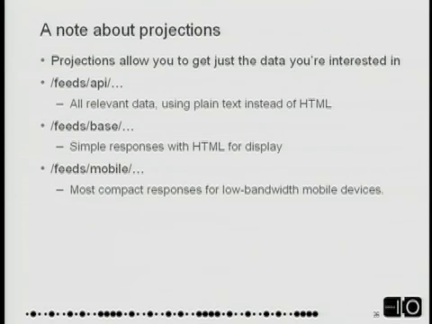The base projection is basically the same set of responses, but information is formatted as HTML. So this is useful if you are building perhaps a feed reader and you don't want to actually regenerate HTML for each entry. You can use the HTML descriptions that we have. And then finally, we have a mobile projection that's customized for mobile devices. So these responses are more compact. We've stripped out some elements that are probably not as useful for mobile devices, which helps if you're on a slow connection, where the response size really matters.